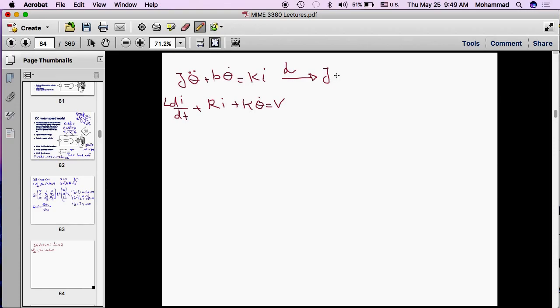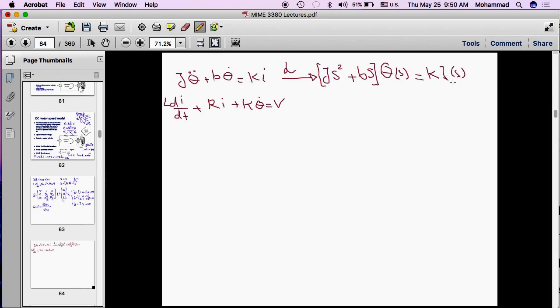J is constant, so it becomes Js squared. What do you get from the second one? You get b times s, and the whole thing will be multiplied by what of s? Theta of s. And on the other side, you have k times I of s.